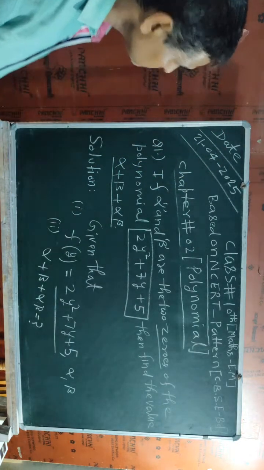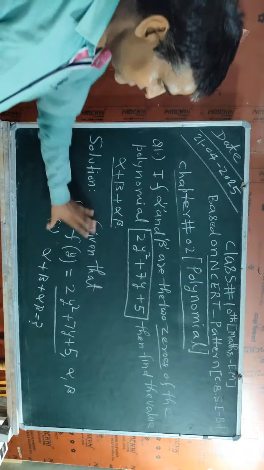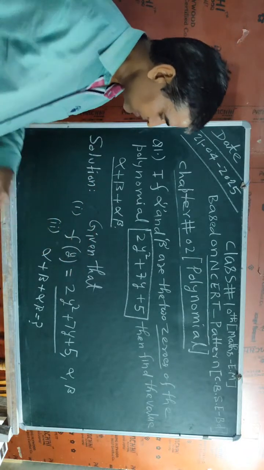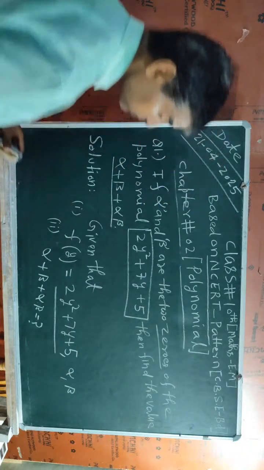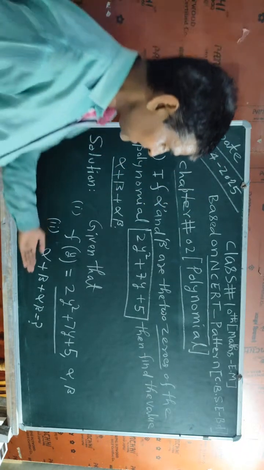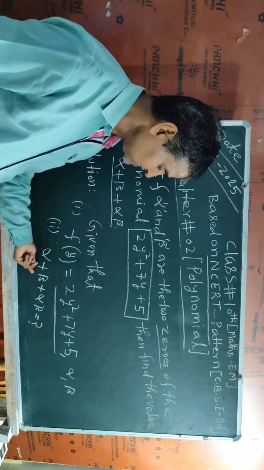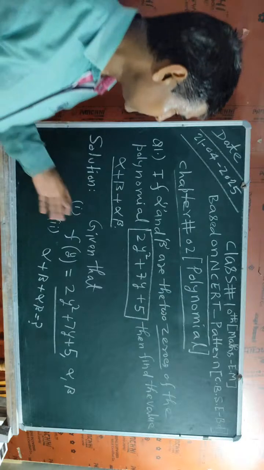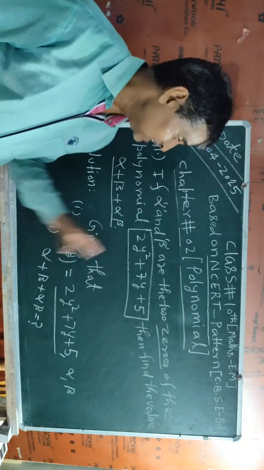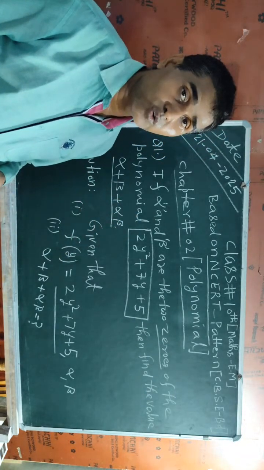Now I am going to erase this information, and I will get the value of the sum of the zeros and the product of the zeros, and after getting their values I will put them in this expression and then we will solve properly. Okay, student. I hope that you have already noted this information in your notebook properly.